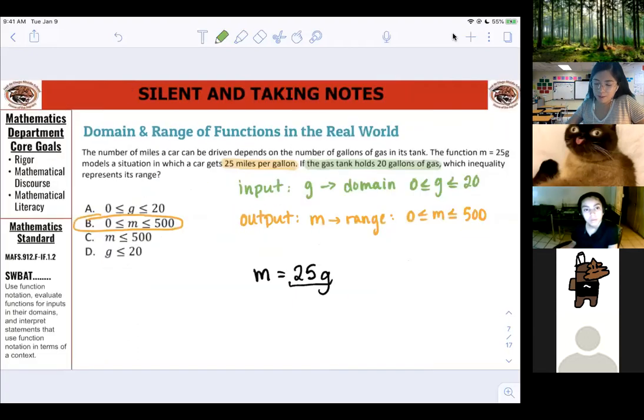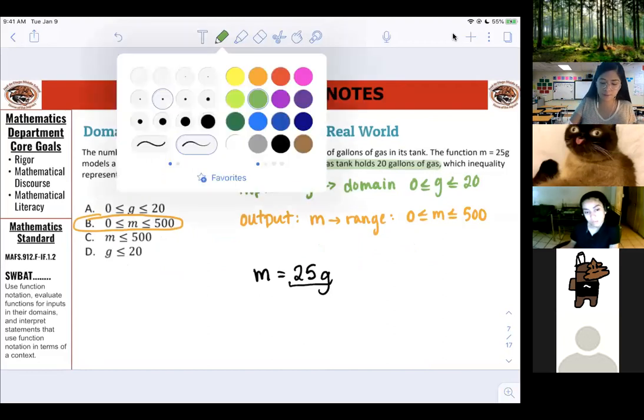In the previous problem, we were talking about the amount of miles, right? If you're driving a car, it's not like you transport from 1 mile to 2 miles. You go from 1 mile and everything in between to get to the next mile, which is why in that example we had an inequality.